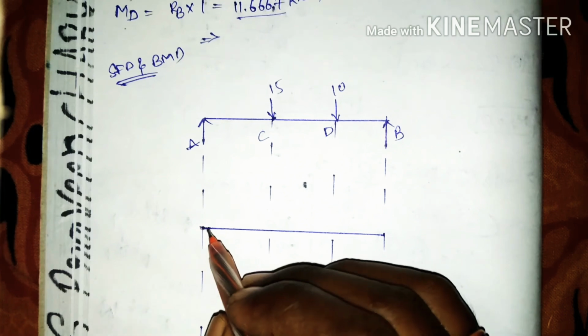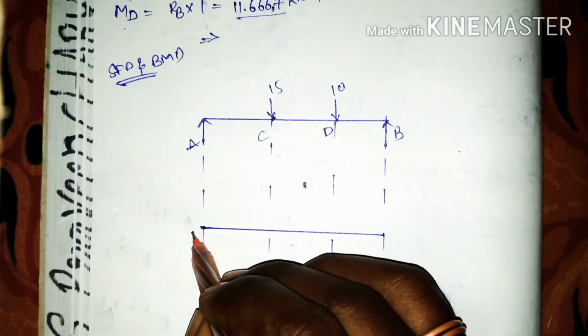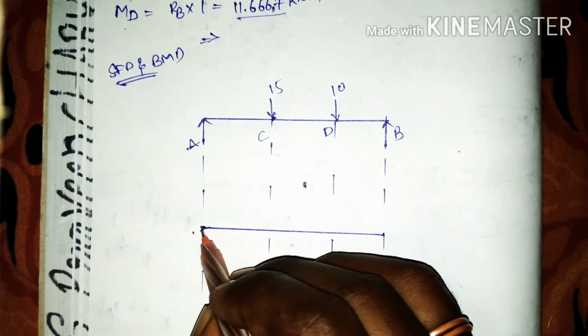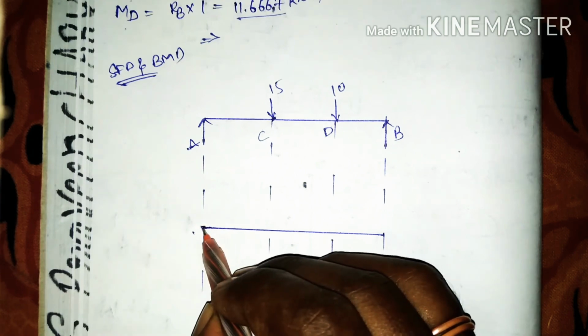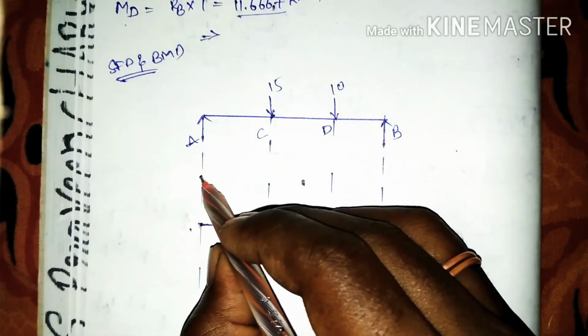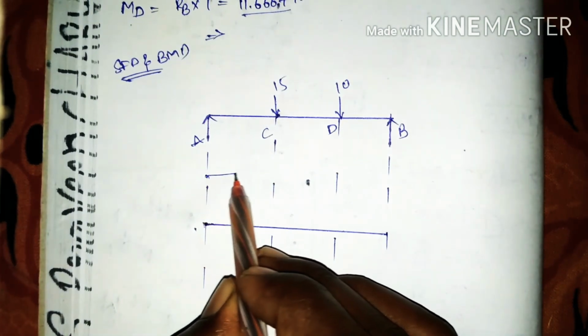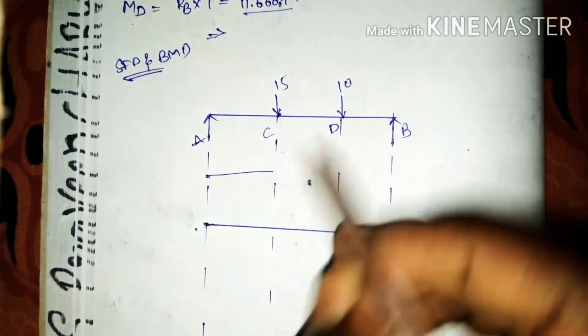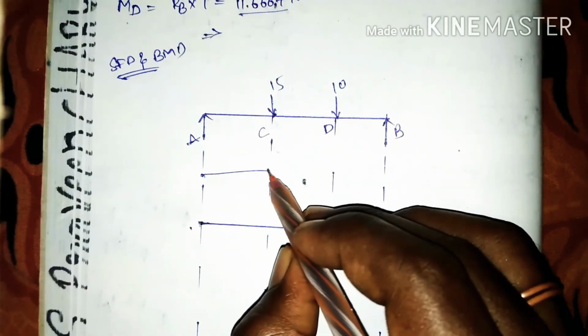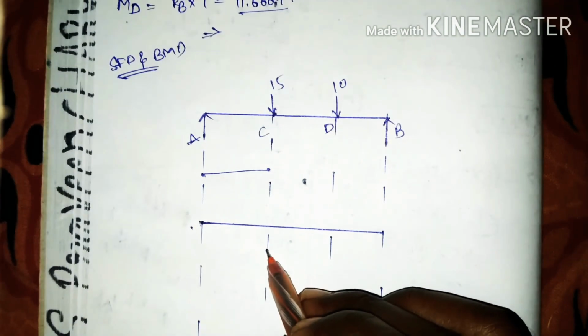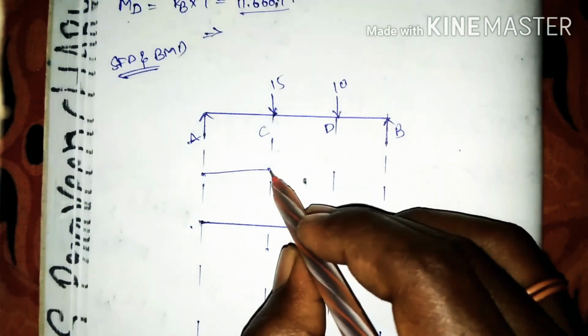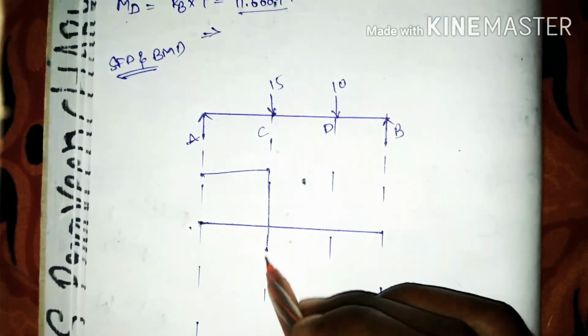The shear force calculations are: it is 0 to the left of A. For the right of A, we have 13.33, and this continues up to the left of C. After C, it is minus 1.667, up to here.